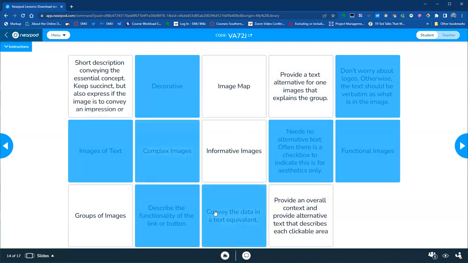It's about the data, and so we have to convey the data in some kind of text equivalent. So if we are creating a table, for example, that has that data in it, then we also have to make sure that table is accessible as well. But if students are going to be depending on that chart, that graph of information, then that data has to be available to them in some form or fashion.